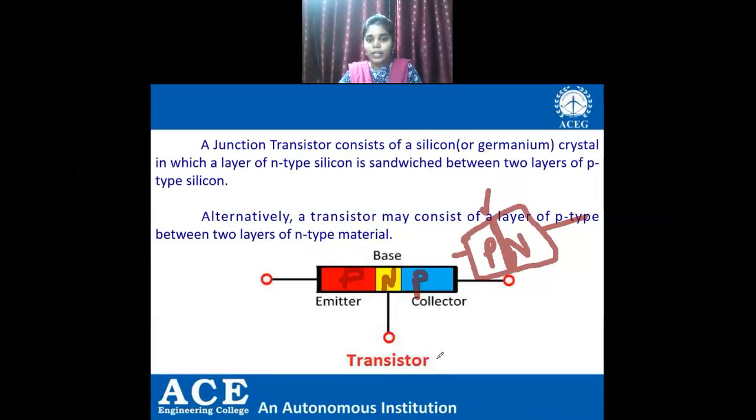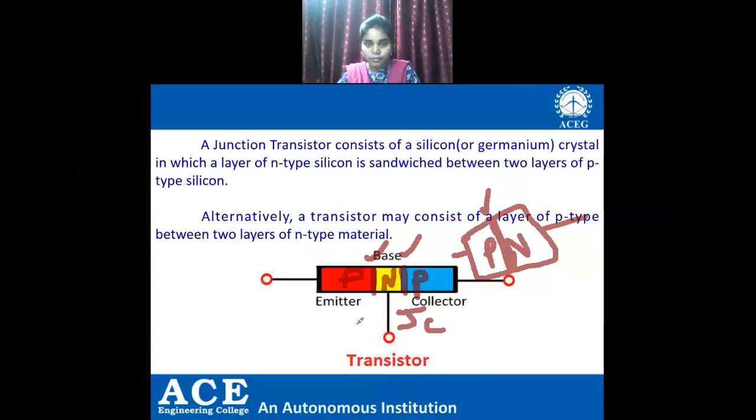In the same way, if we look into the transistor, here P is there and N is there, and both are together. Obviously, it will form what? One junction. And on the right hand side also we have N type and P type, so we are going to get another junction. Now we can say a transistor has two junctions. One is between our emitter and base, that is this, and one is between our collector and base.